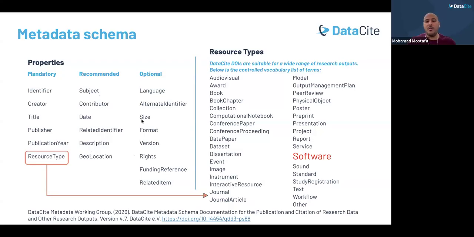We also offer optional properties, so if they have additional information about the language, size, format, or funding reference, they can include that. There is a link here for more details about the DataCite metadata schema and the DataCite metadata working group.